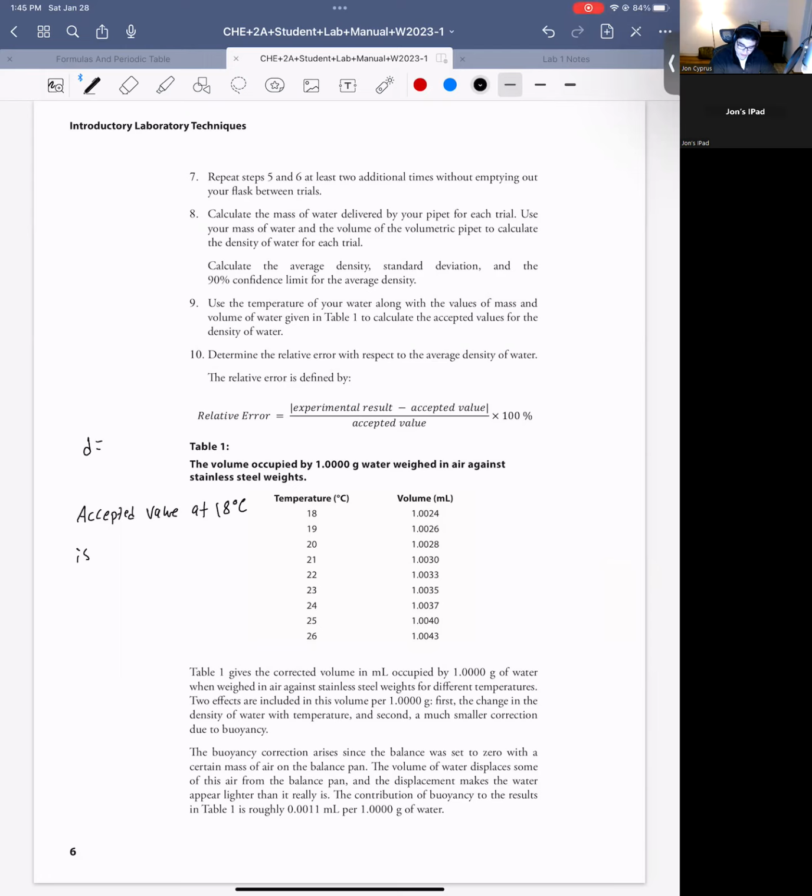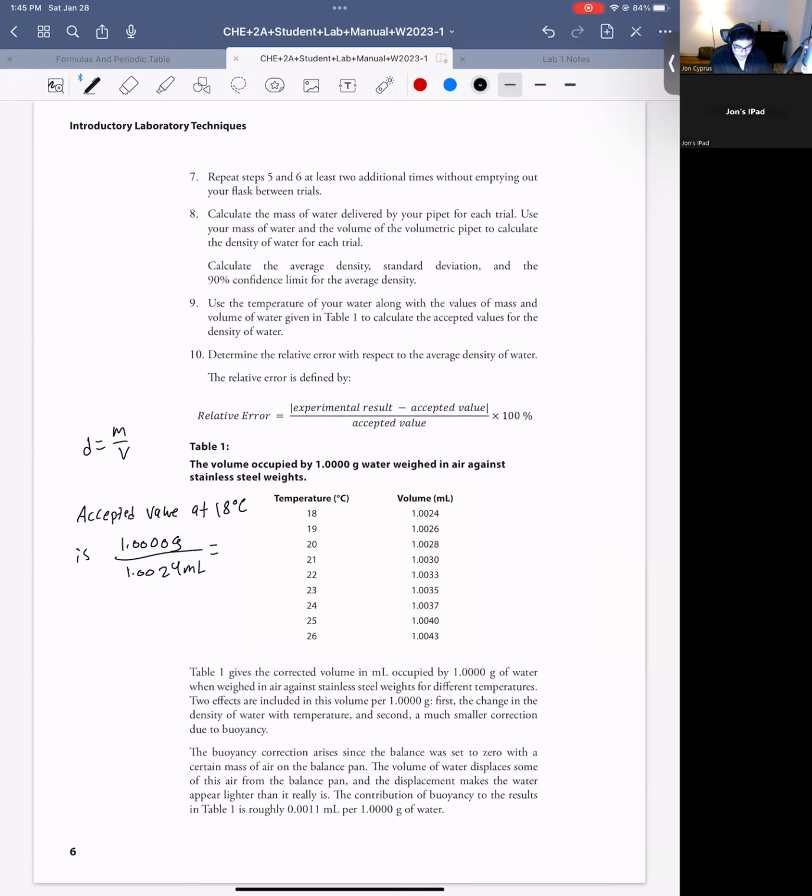We're going to use D is equal to mass over volume. In this case, this is 1 gram of water, 1.000 grams over, at 18, it's 1.0024 milliliters.